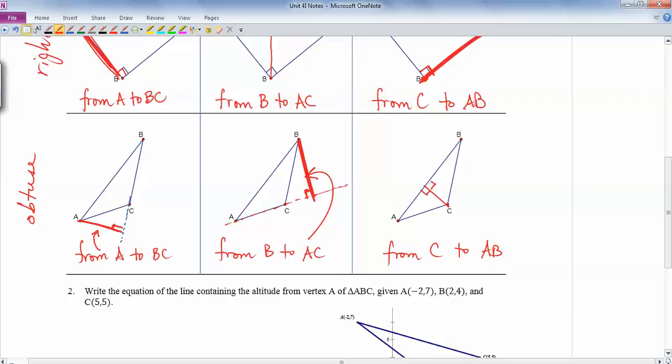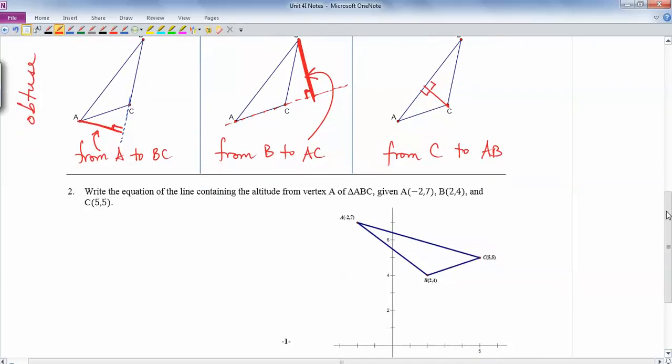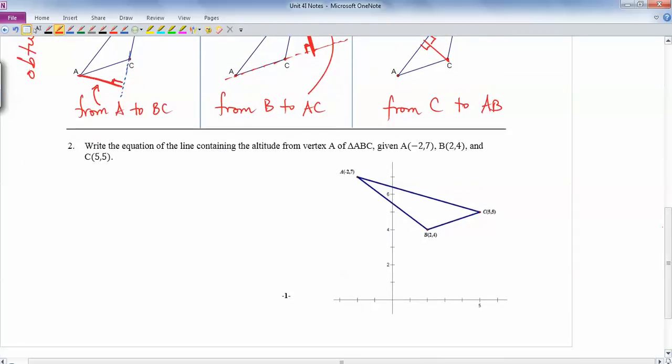Okay, let's take a look at 2. So 2 says, write the equation of the line that has the altitude from A in this triangle. Okay, well, ABC looks obtuse to me.